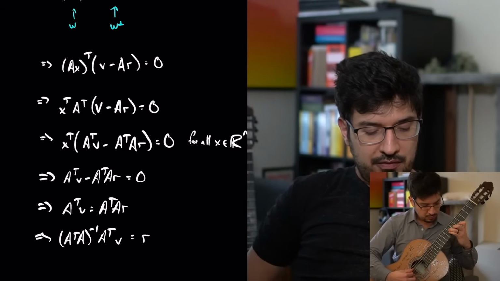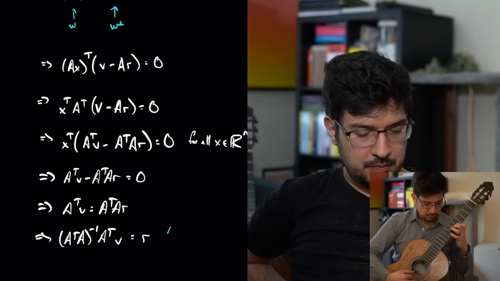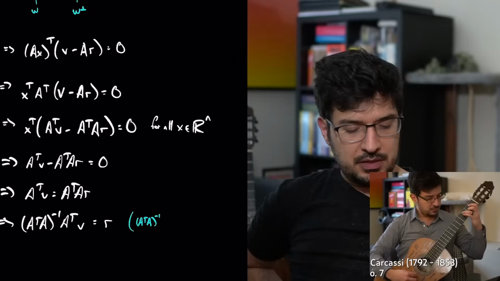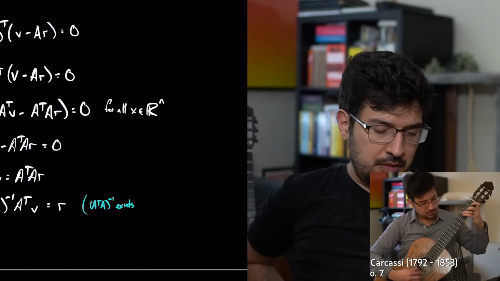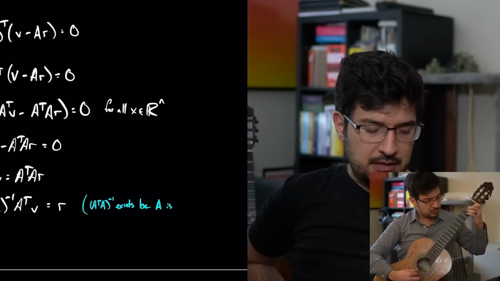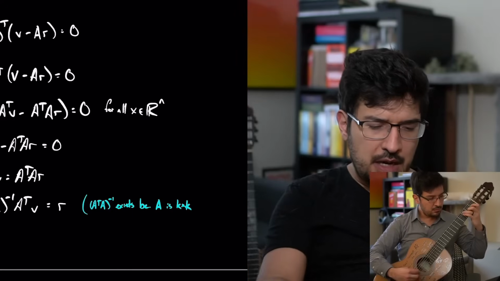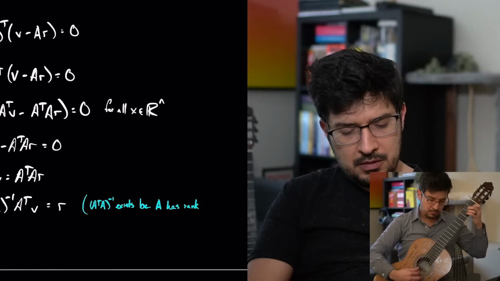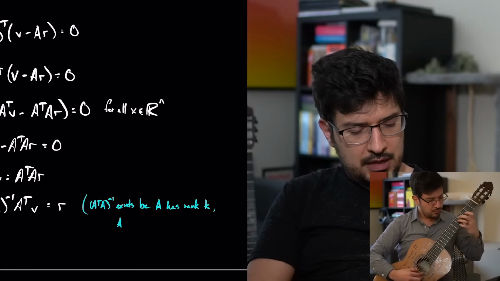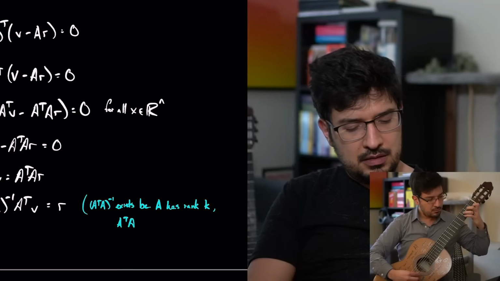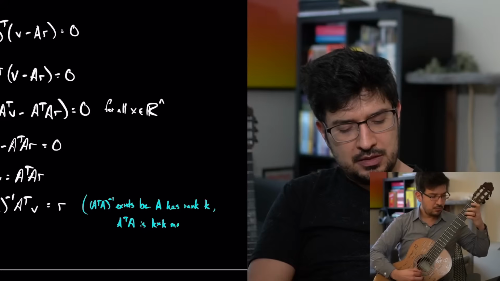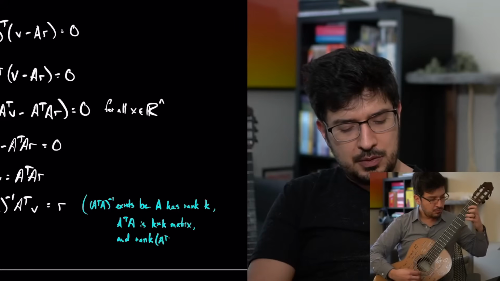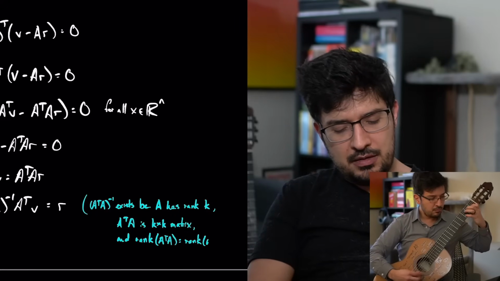And this needs a justification. A transpose A inverse exists because A has rank K. A transpose A is a K by K matrix, and the rank of A transpose A equals the rank of A by a theorem.